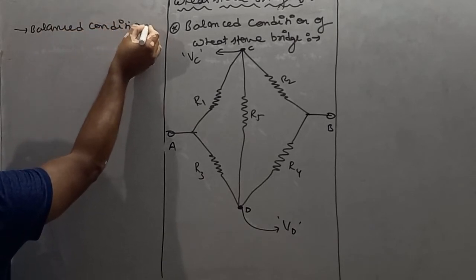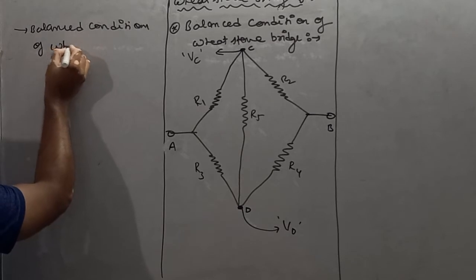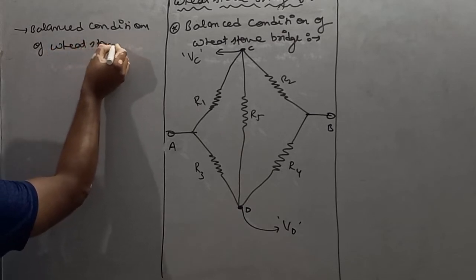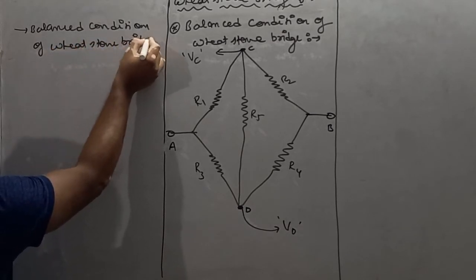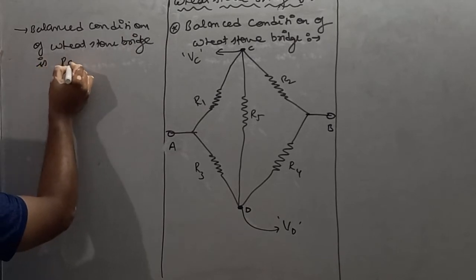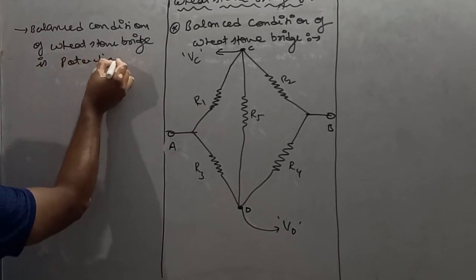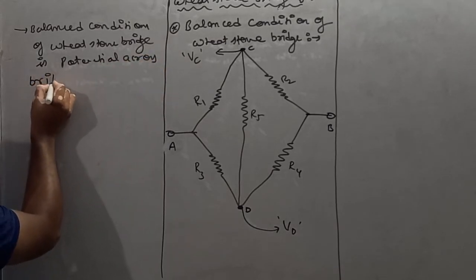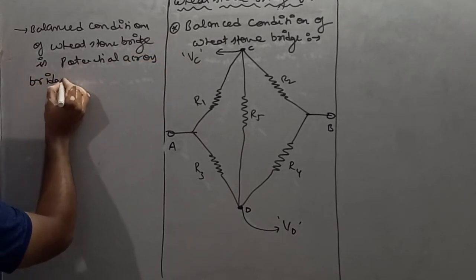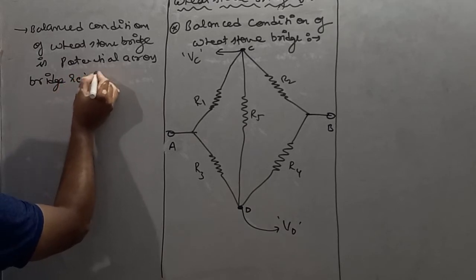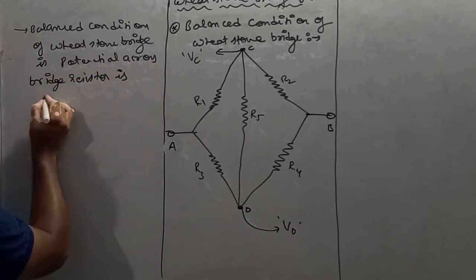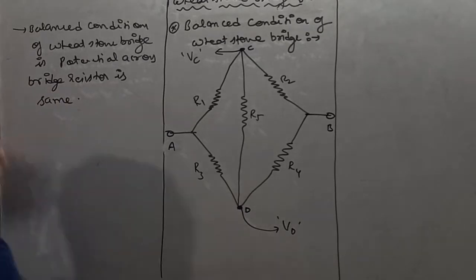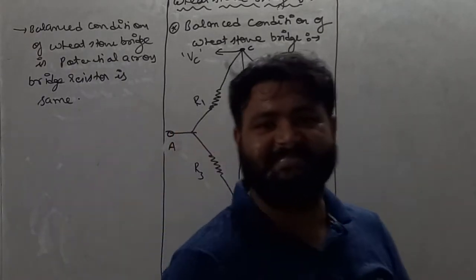So the balance condition of the Wheatstone bridge is that the potential across the bridge resistor is same.